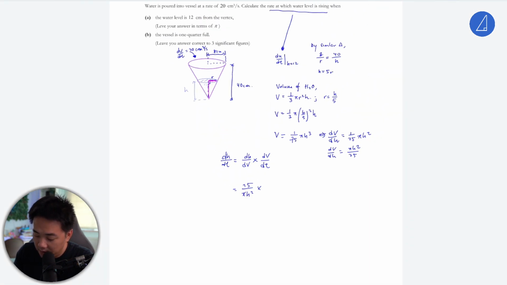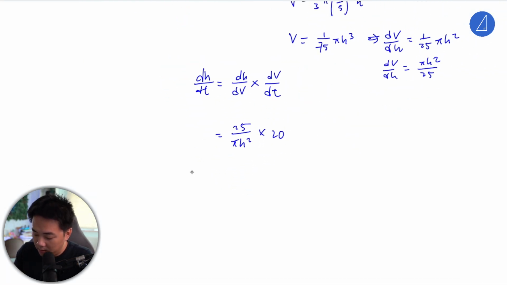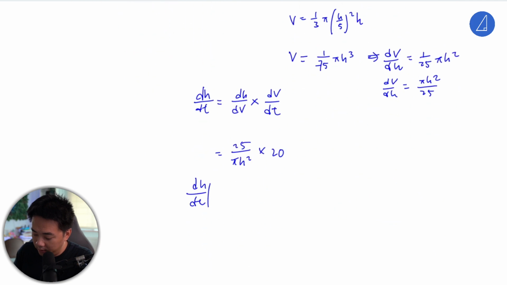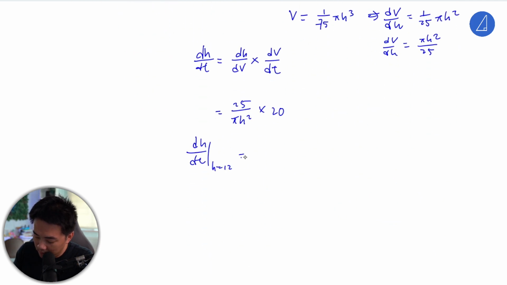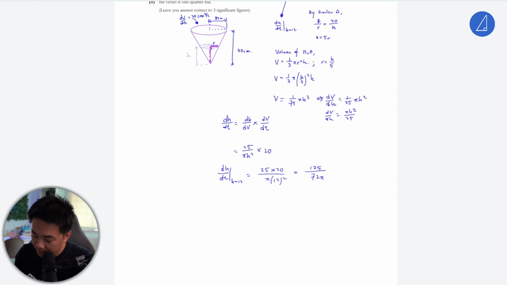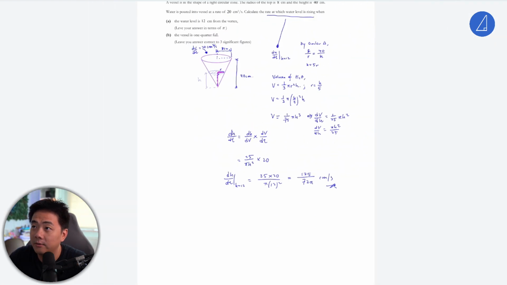Then dV/dt is the volume going in, which is 20. So dH/dt when the water level is 12 is 25 times 20 over pi 12 square. That will give us 125/72 pi cm per second. That will be the answer for the first one, part A.